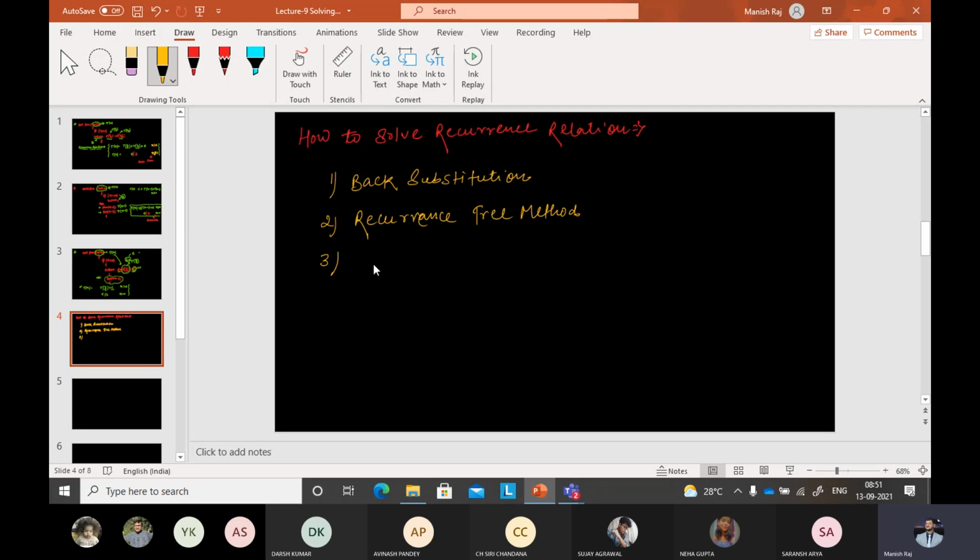Third way to solve this is the master theorem. And one more is the expert method.